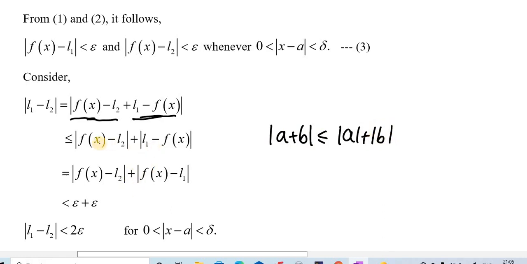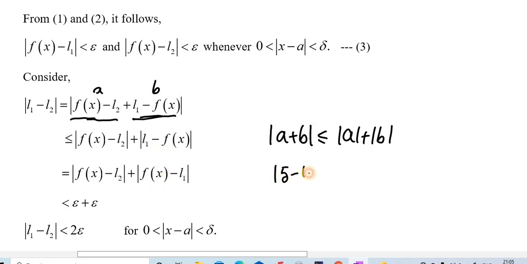So here we are going to get these steps. Take this as a, this as b. At that time, mod a means this one, plus mod b. Next, this term is as it is. We are going to change the position of the two terms in this modulus. Why?